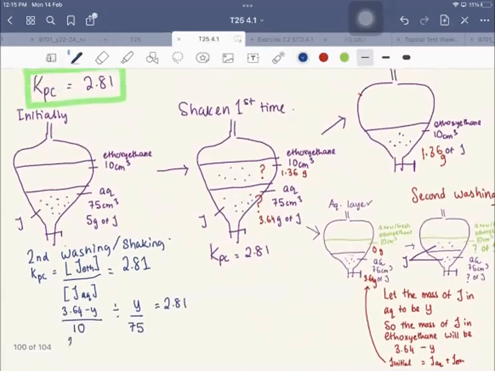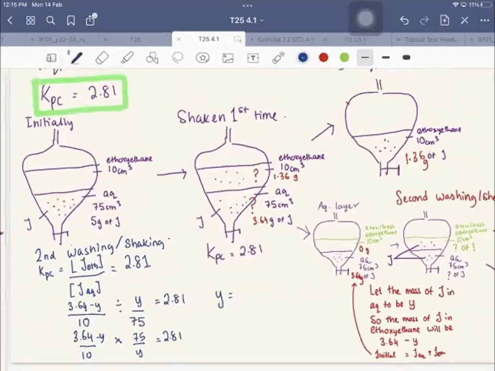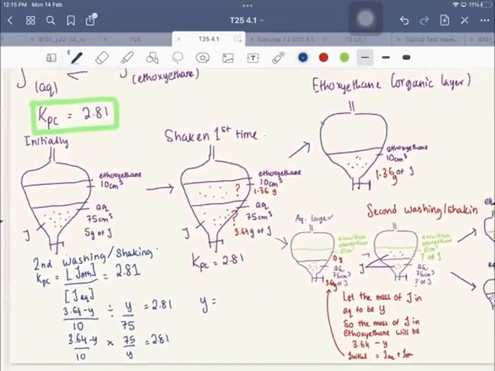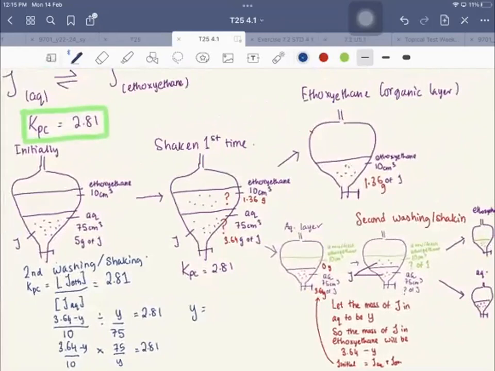So same process, you work out Y. Let's do that. I will try to zoom out so you can see what's happening here. Hope you can see.